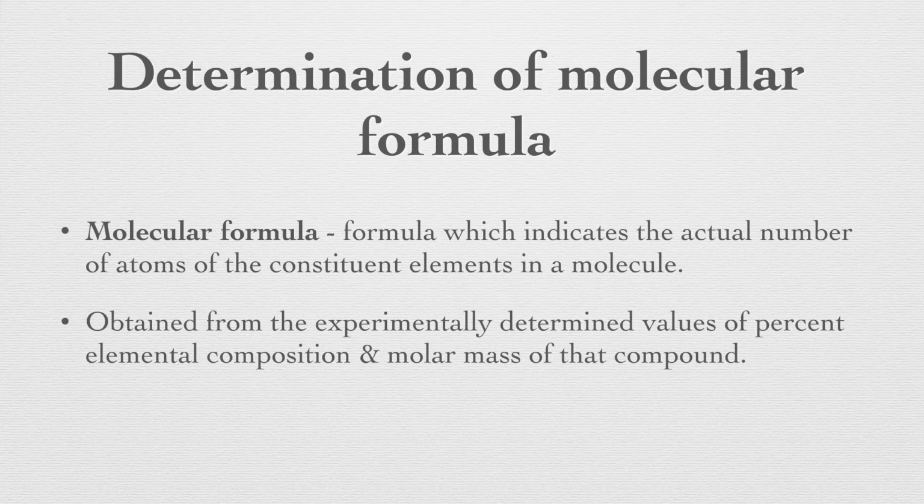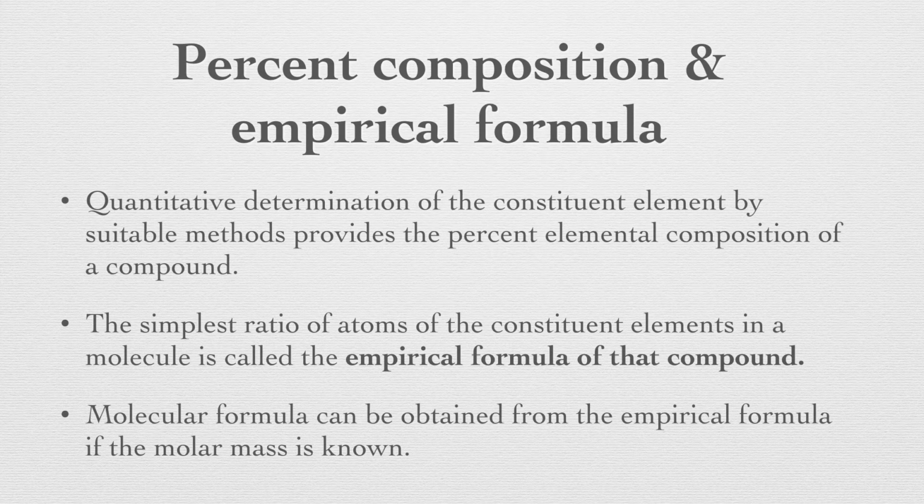Now we will understand the percentage composition and the empirical formula, which will help us find the molecular formula at the end. As you all know, compounds are normally formed by the combination of different elements in a fixed ratio.